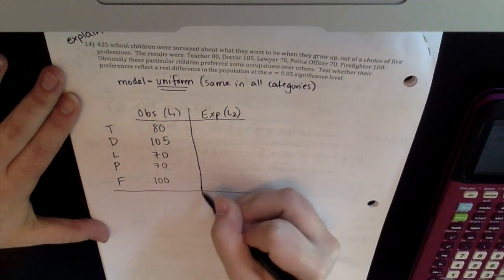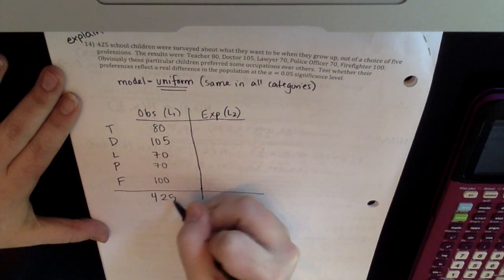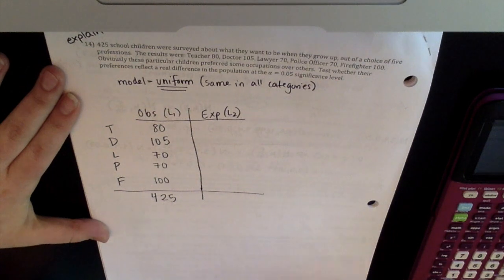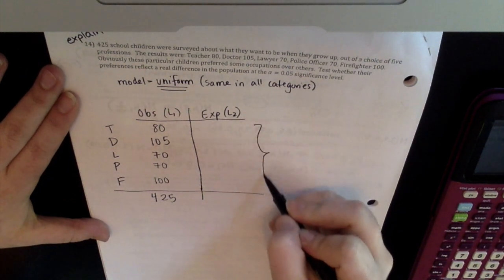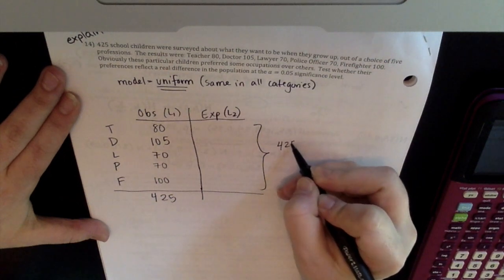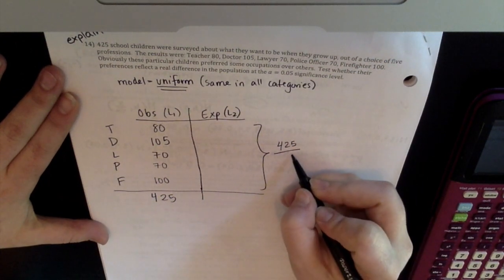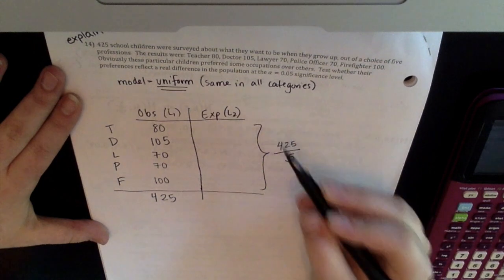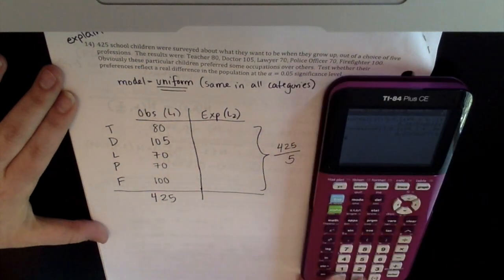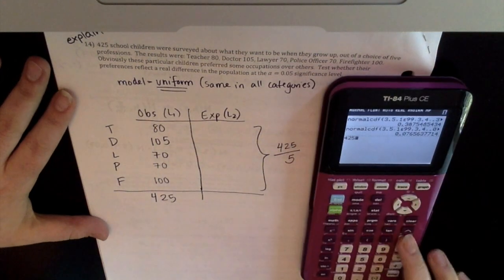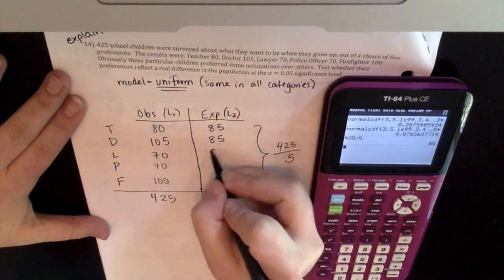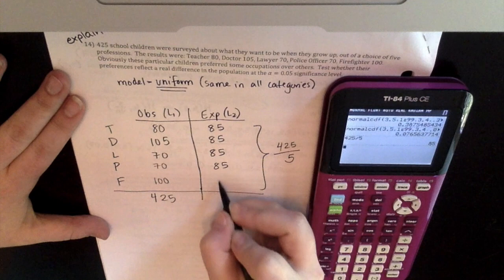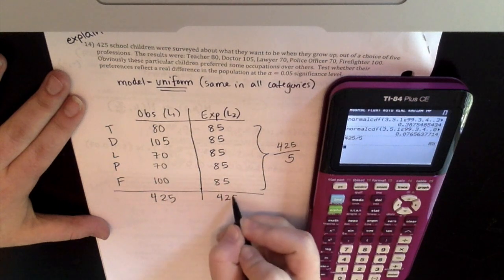So triple check that this really is 425. And then to find the expected values, we take the total and divide by the total number of categories because we think it's uniform. Okay? So this would be 425 divided by 5 gives me 85 in every single category.